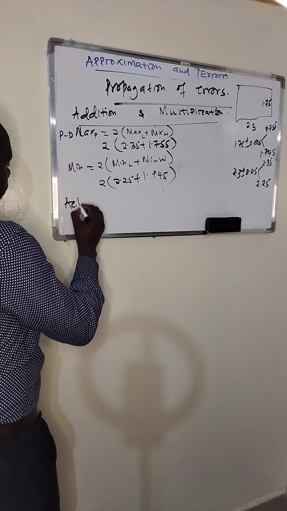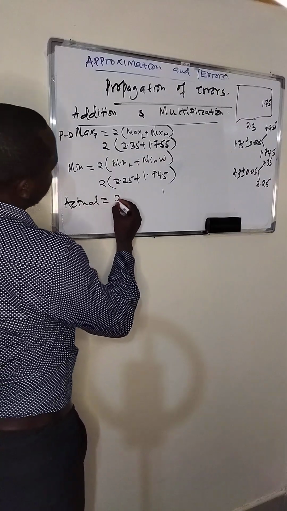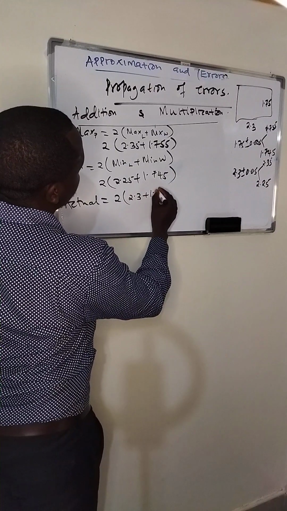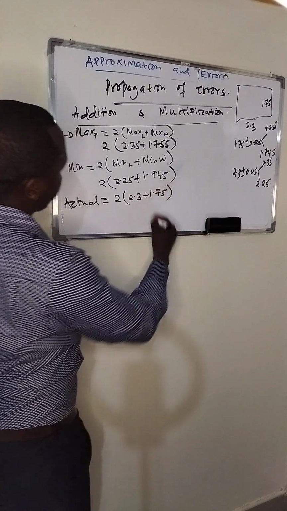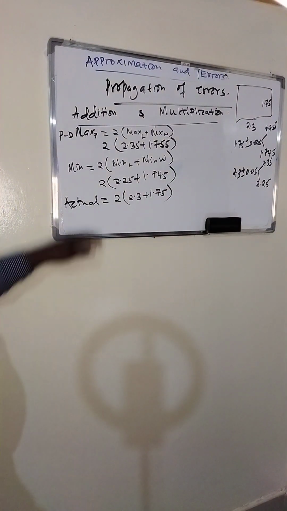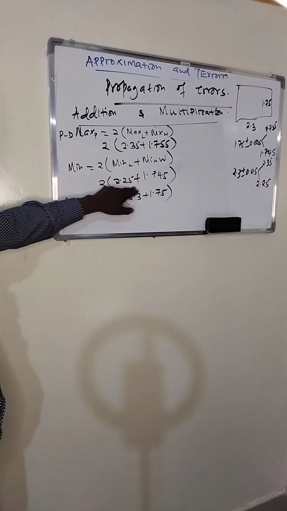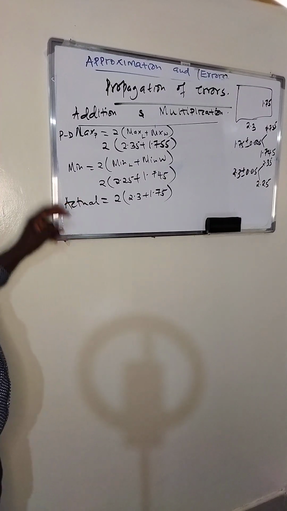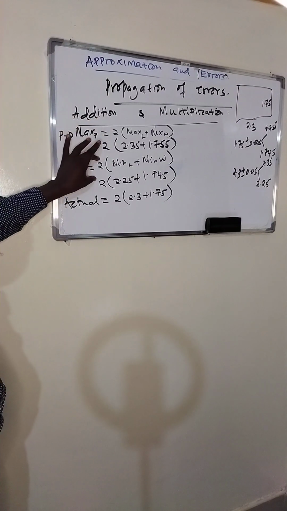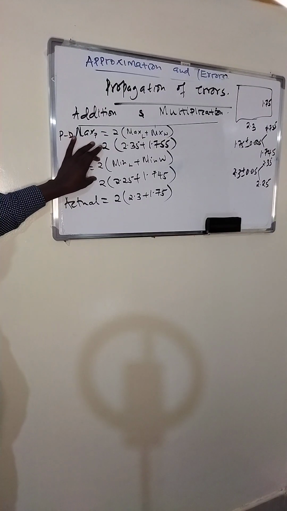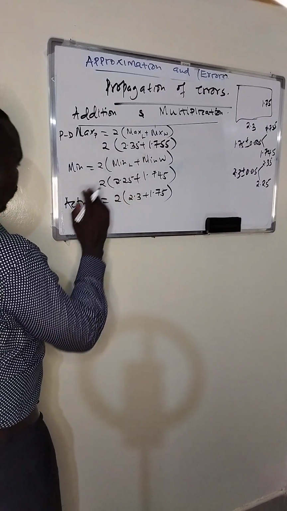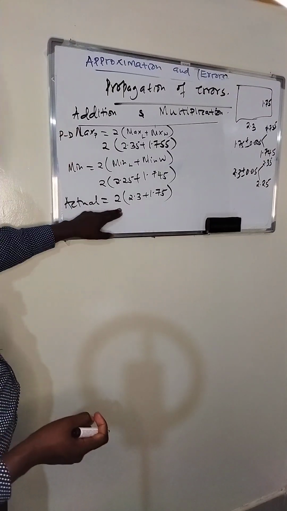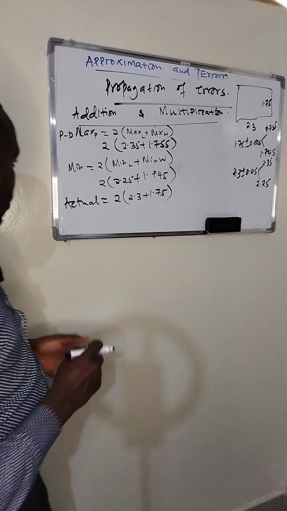So the actual is equal to 2 into, you just pick them as they are, 2.3 plus 1.75. So with this, you will get the maximum perimeter, the minimum perimeter, and the actual perimeter. So if you want to get the absolute error, you will now take maximum minus minimum divided by 2. You want to get the relative error, you take the absolute error divided by the actual, then percentage error, you just multiply by 100.